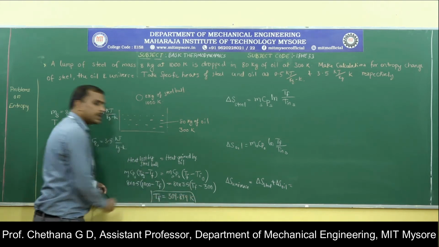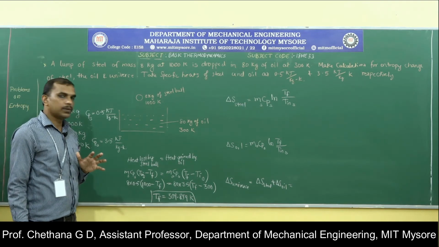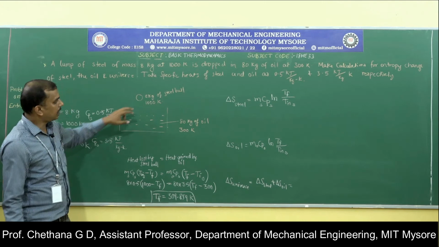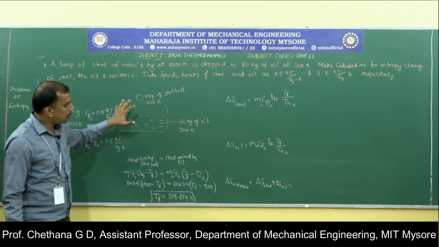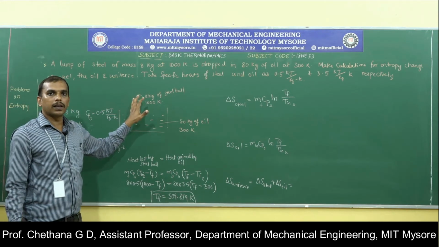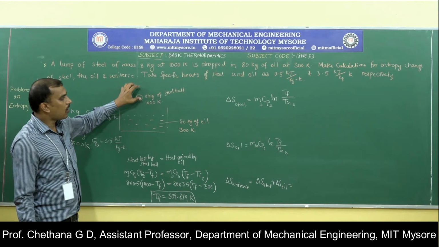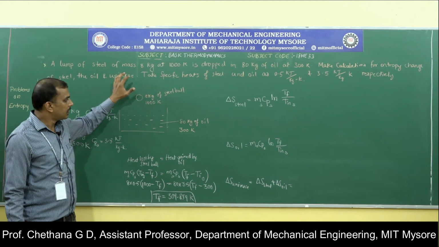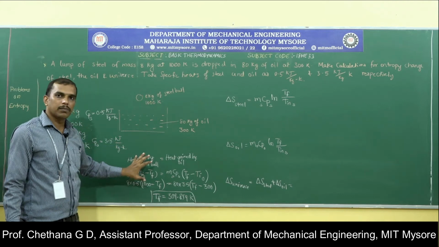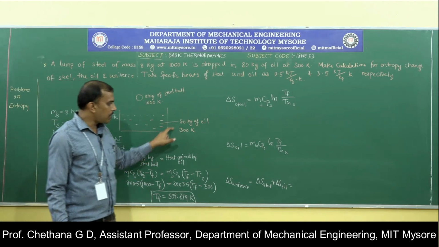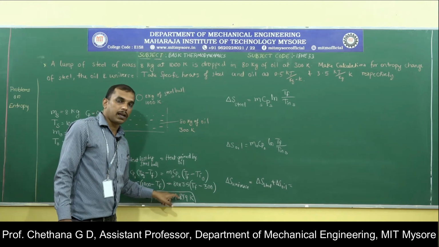So what we know is that T final should be within this limit, that is 1000 Kelvin and 300 Kelvin. You cannot predict that it has to be 700 or 800. It depends on what mass of oil is there and what mass of steel ball is there. So you have to calculate by using this energy balance. Look at it now, the temperature of the oil has only risen 9 degrees Celsius or 9 Kelvin.